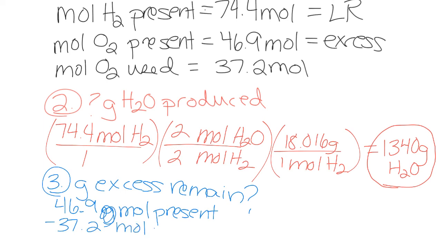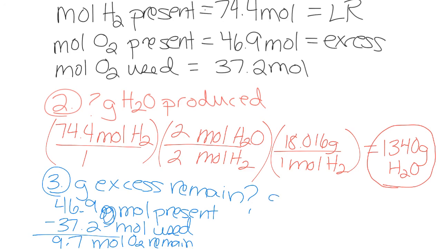Now remember, that came from the previous slide when we figured out that O2 was in excess, because we would only use the 37.2. That means that 9.7 moles of O2 will remain.